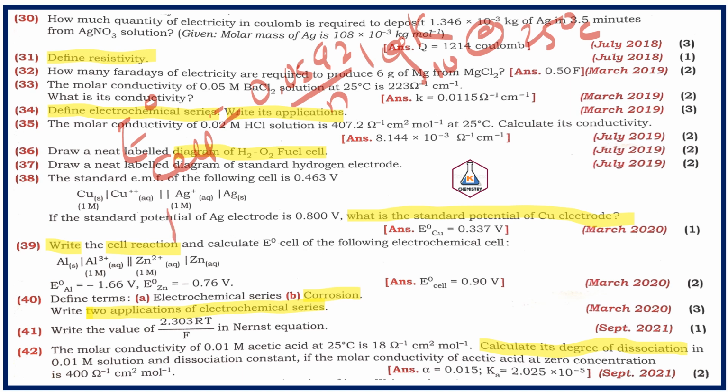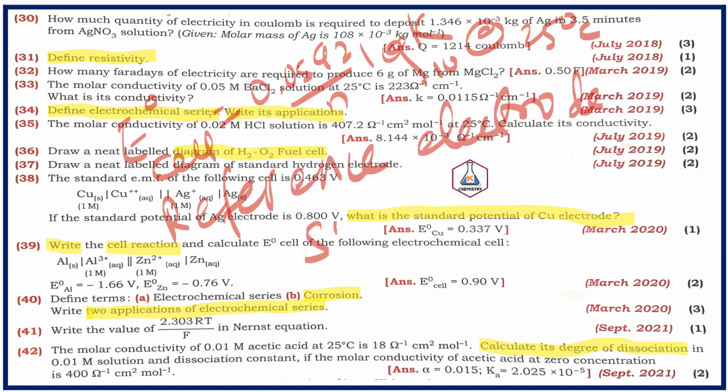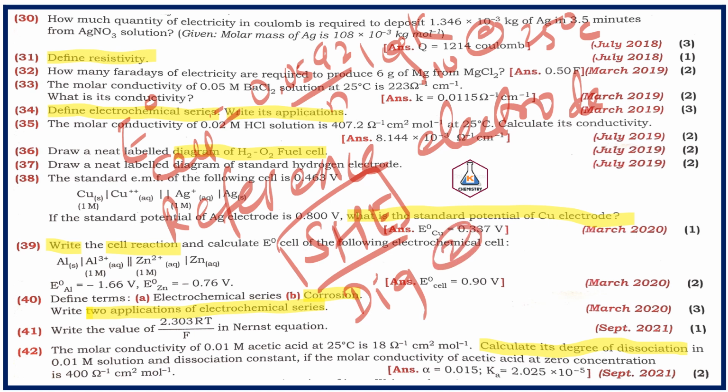After this, students, reference electrodes. As an example, we have the standard hydrogen electrode. Many times its diagram is there for 2 marks; practice the labeled diagram.